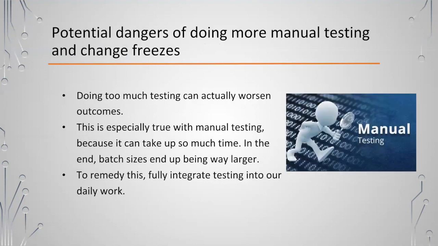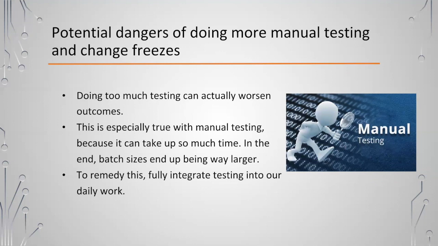Potential dangers of doing more manual testing and change freezes. Doing too much testing can actually worsen the outcomes of your code. It can cause batch sizes to build up because things are stuck in testing for too long. There's just a lot of errors that can happen because of it.